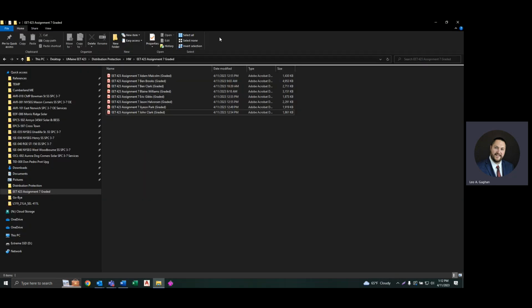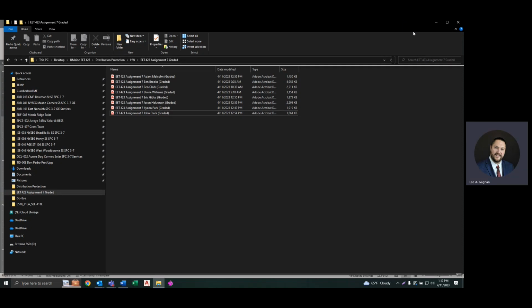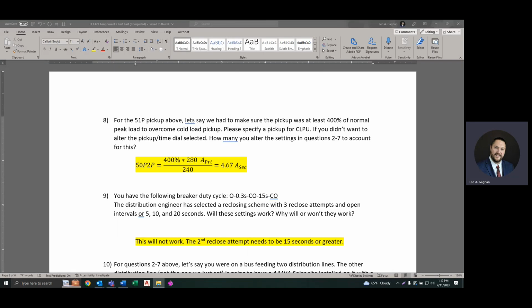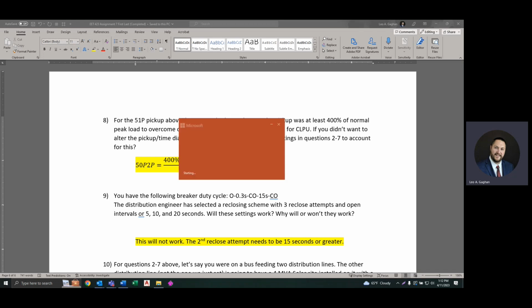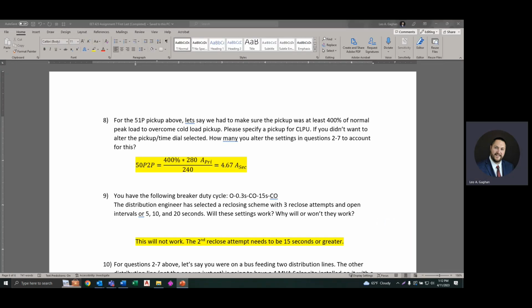And then I was really looking for the explanation that we wanted cold load pickup to be active right after the breaker closed. So any type of mention of the breaker closing would have been acceptable for that. I'm going back through the lecture to show that.